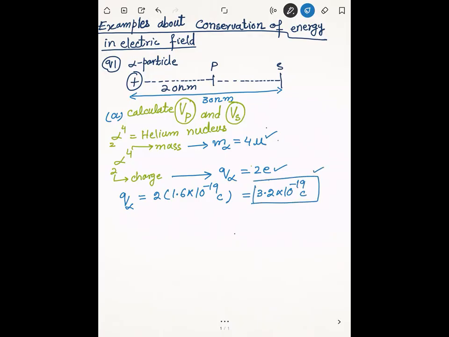Now if we want to calculate VP and VS, VP will be equal to, since the alpha particle is a positive charge, plus 1 over 4 pi epsilon naught times the charge of the alpha particle divided by the distance of P from the alpha particle.